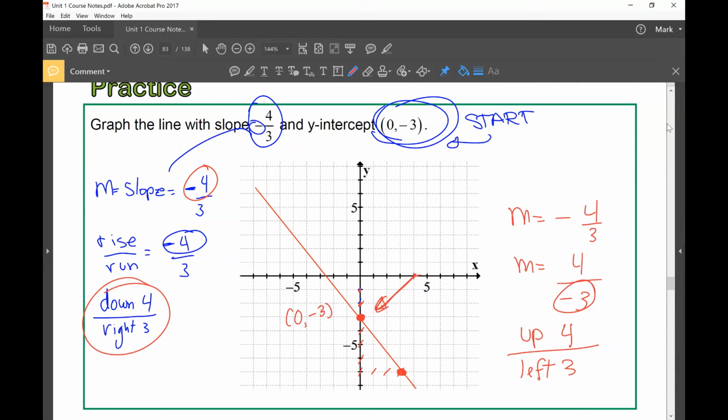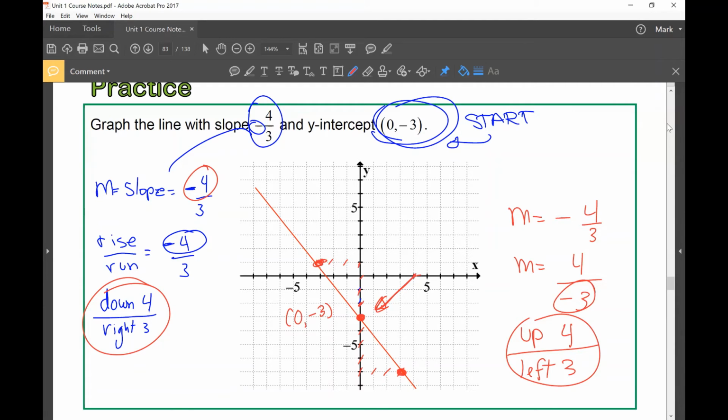Let's go up 4, 1, 2, 3, 4, and let's go left 3, 1, 2, 3. It's there. I didn't draw my line perfectly, but there you go. That's perfect. To the student who said that, that's excellent. Cool. So there you go.